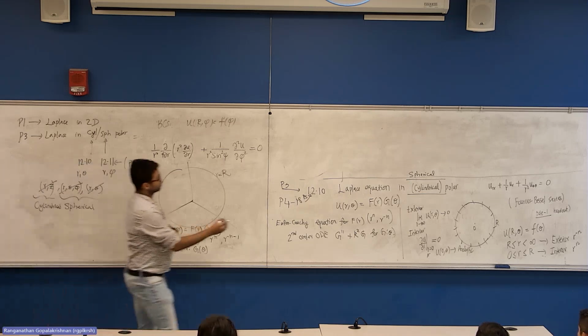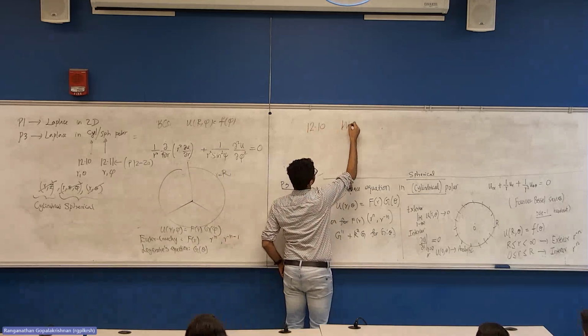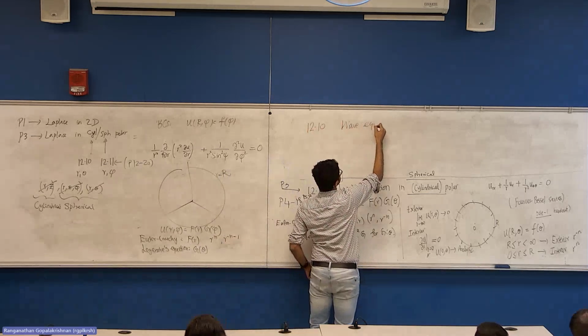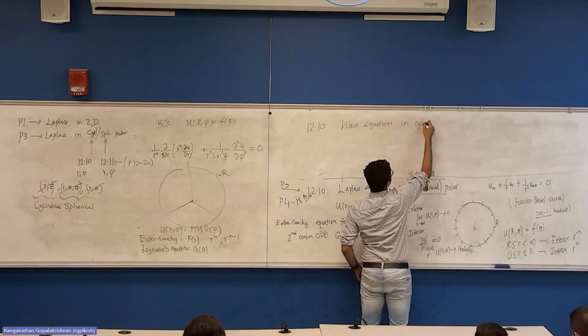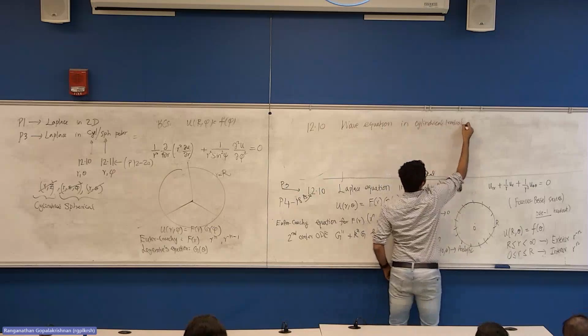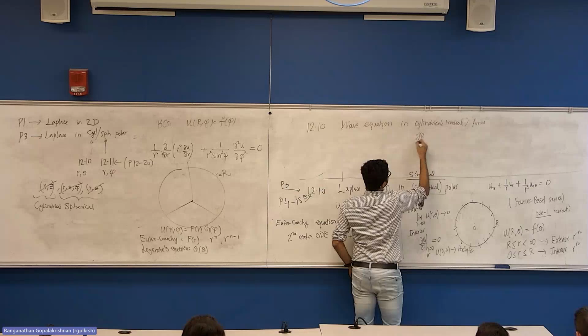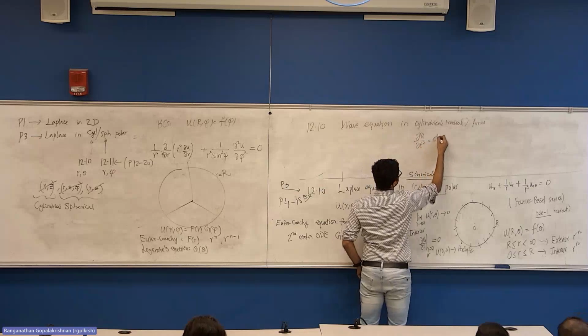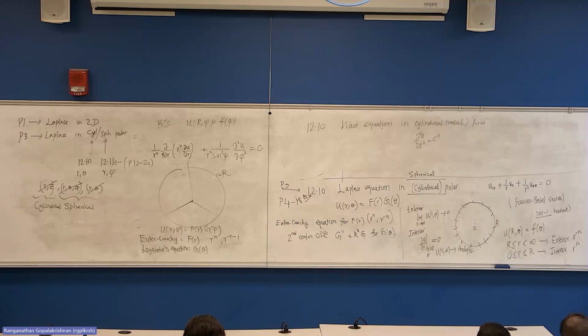If you see also in section 12.10, you have the wave equation in cylindrical, or more precisely radial form. That is, we wrote the second derivative with respect to time equal to c squared times u_rr plus 1 over r u_r.